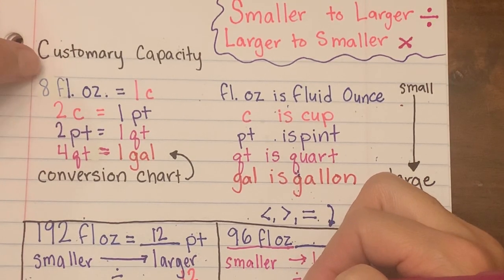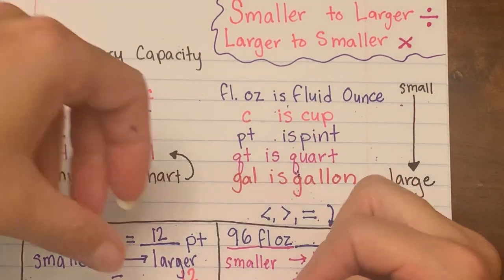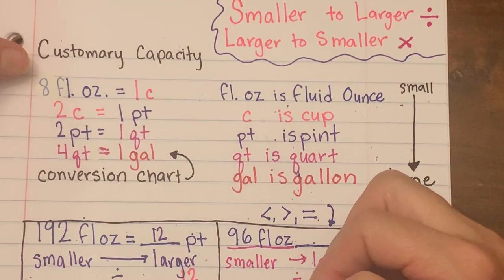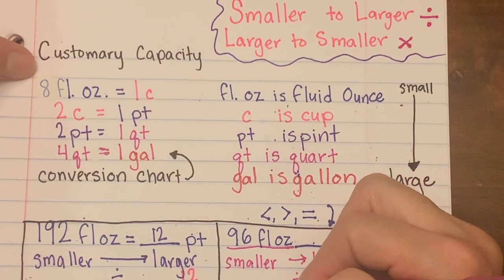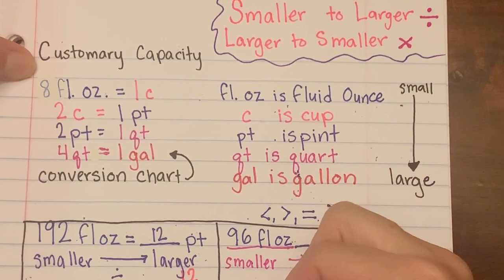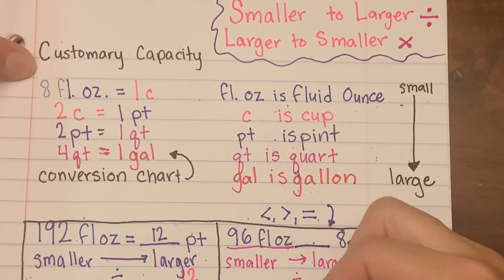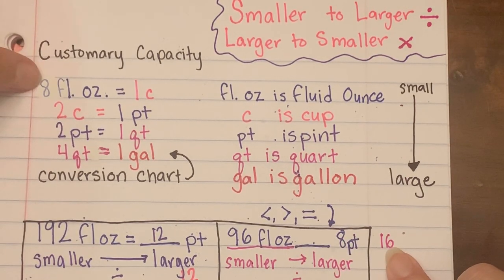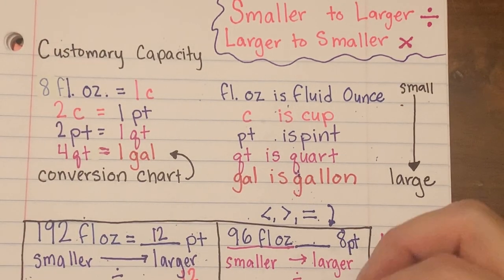Since we're dividing by both 8 and 2, we can multiply them together to get the overall number we'll be dividing by. So I'm going to get 96 divided by 16. And that is how I got that 16 that I wrote over here on the side: I multiplied the 8 and the 2 together, the fluid ounces in the cup. So that's why I got what I did.